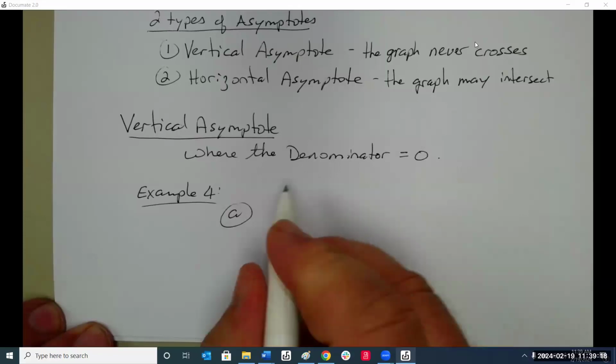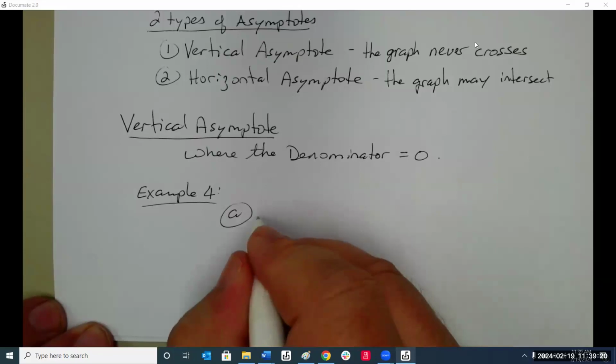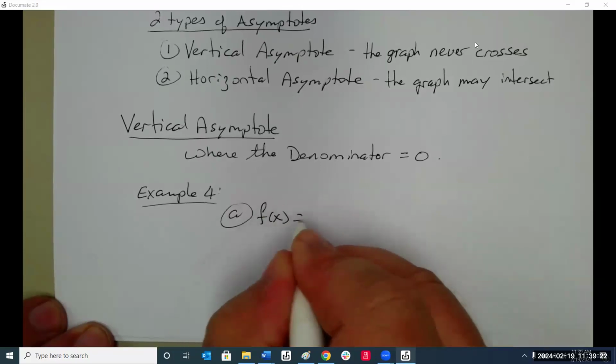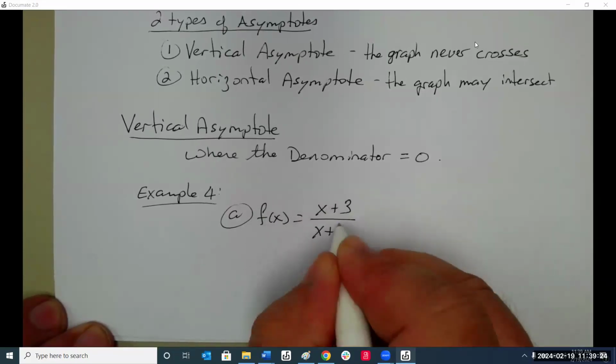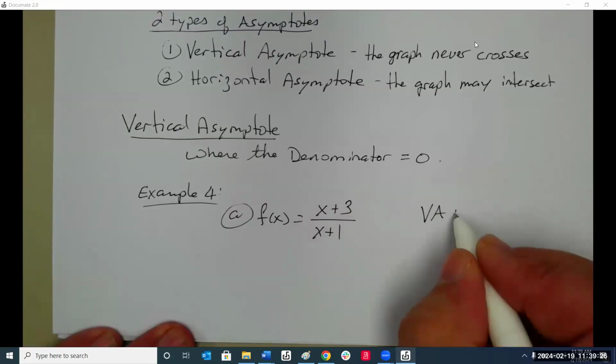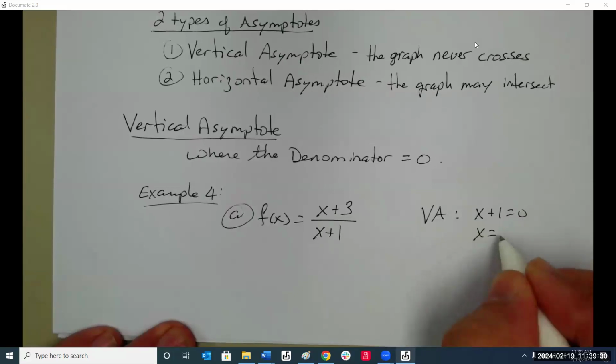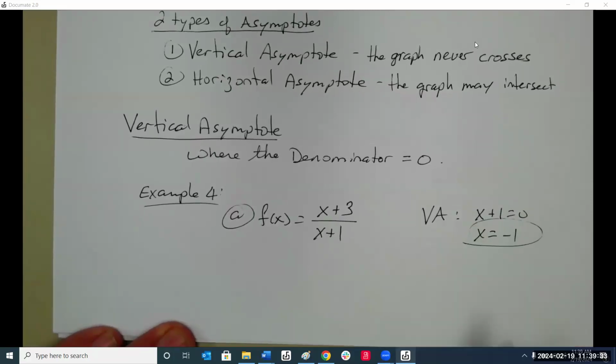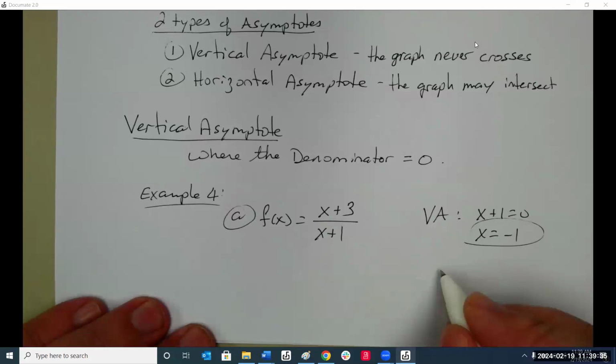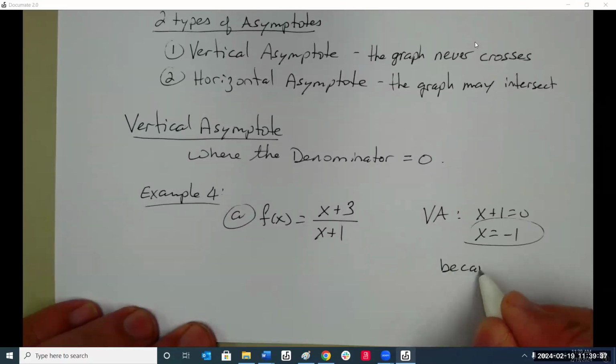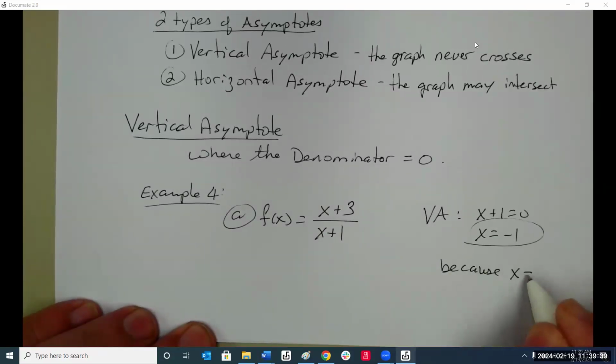So if I have this equation, the vertical asymptote, take the bottom, set it equal to 0, and that's your vertical asymptote, because x cannot equal -1.